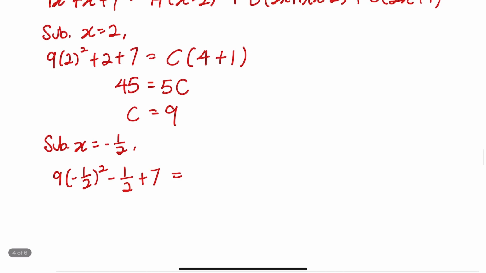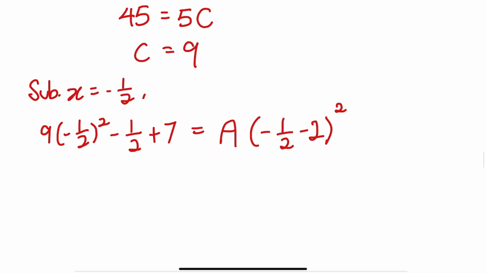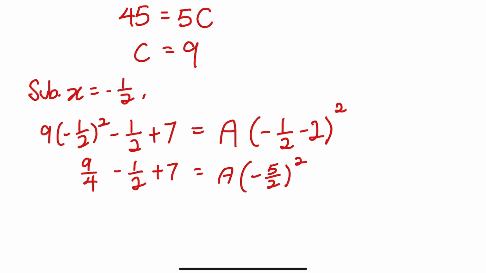So this will become a times negative half minus 2, the whole thing squared. So by simplifying, I will get 9 over 4 minus half plus 7 equals a times negative half minus 2. This will be negative 5 over 2 squared.